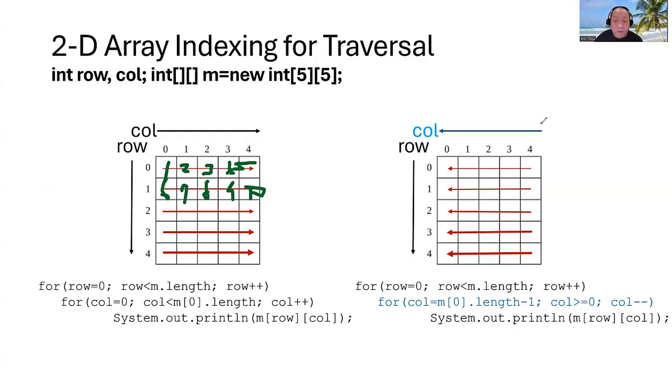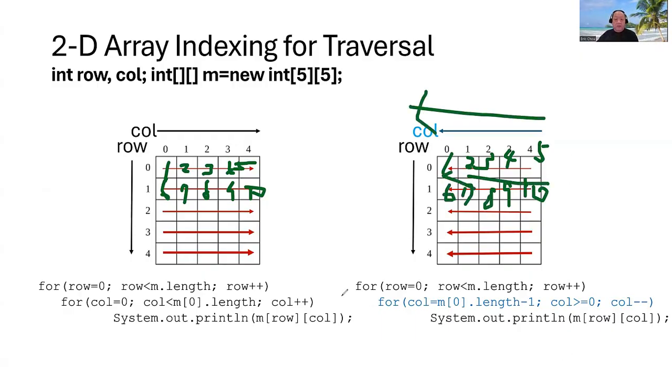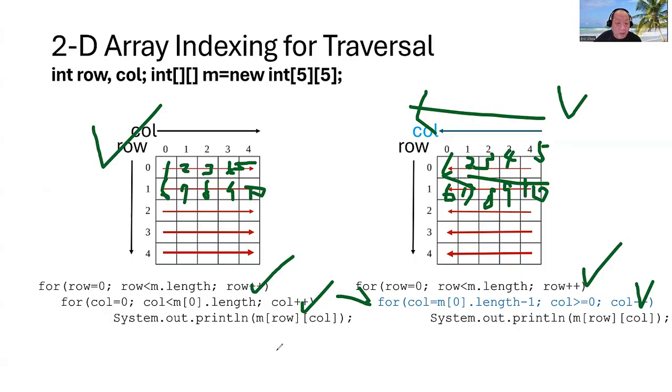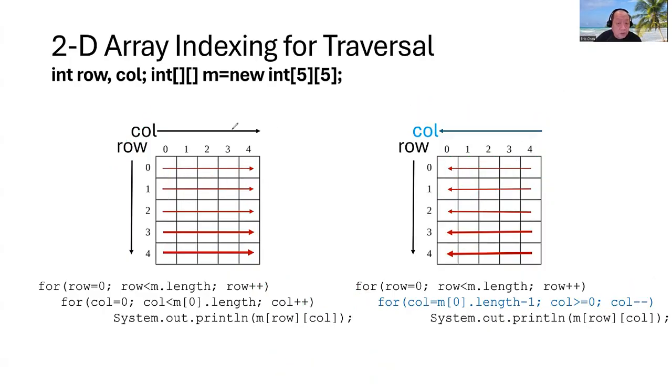This one will print out 5, 4, 3, 2, 1, and then 10, 9, 8, 7, 6. This does down counting on the column, but it's still row major. This one is row major, both counting up on the row and column. This one is row major, row counting up, column down counting. So in total you may have 2 times 2 times 2, 8 different ways to do traversal. These are the 2 ways.